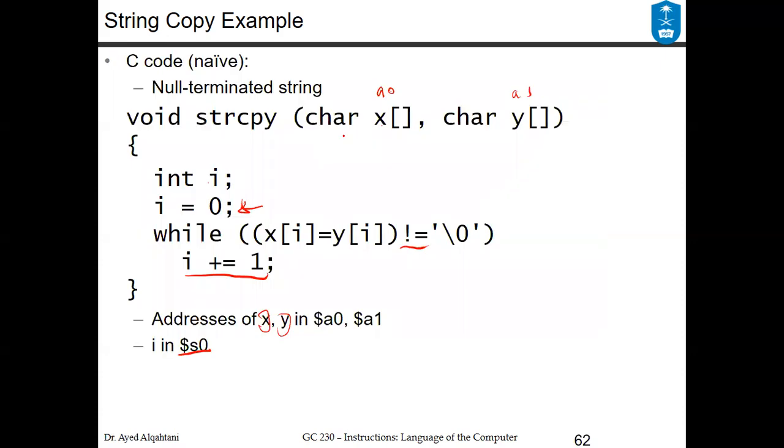Now, you notice here that we have X of I, which is an array with an index. And if you remember what I said about arrays, you have to do 3 operations. The shift left logical, followed by add. Shift left to multiply the index by 4, and you add the index after you multiply it by 4 with the base register of the array.